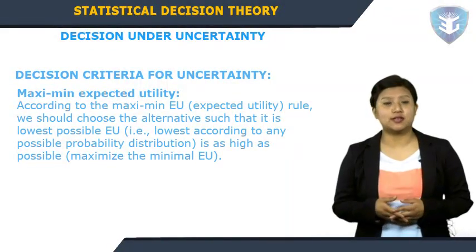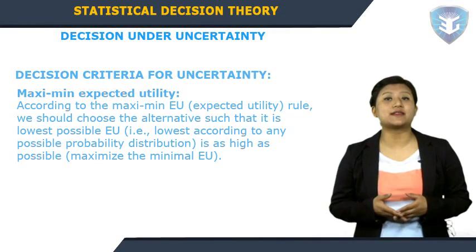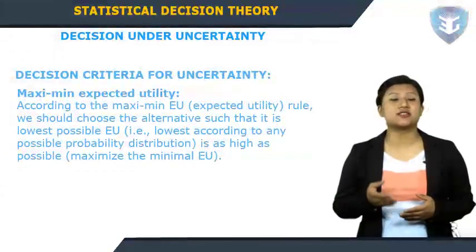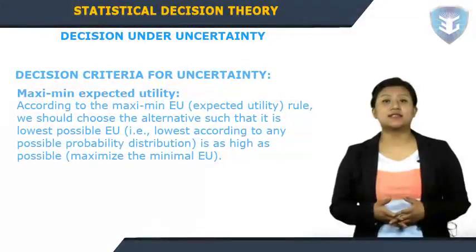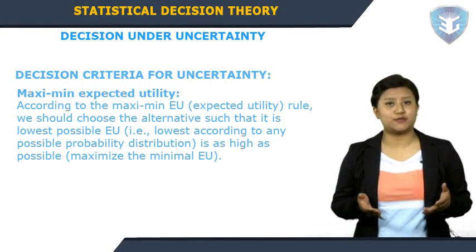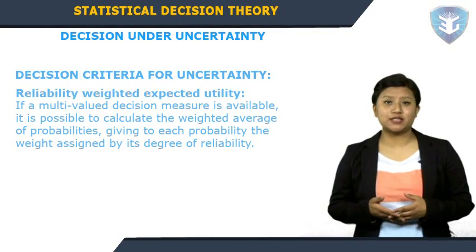Decision criteria for uncertainty. Maxi-min expected utility. According to the Maxi-min EU expected utility rule, we should choose the alternative such that its lowest possible EU, that is, the lowest according to any possible probability distribution, is as high as possible: maximize the minimal EU. Reliability weighted expected utility.